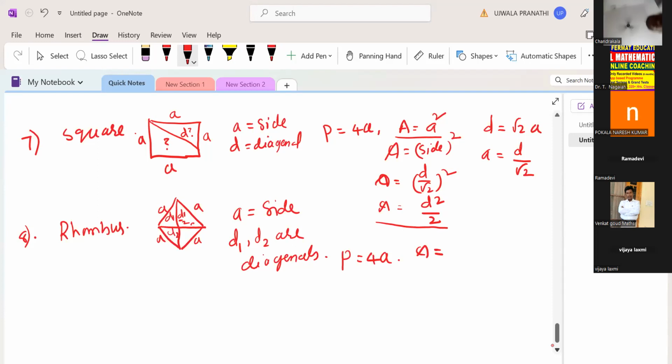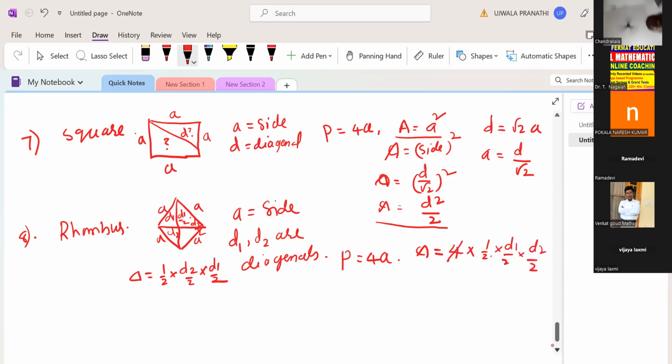If this is D2, this is D2 by 2. Now, one triangle's area is half into base D2 by 2 into D1 by 2. This is the area of one right angle triangle. So how many triangles totally here? 4. So that is 4 into half into D1 by 2 into D2 by 2.